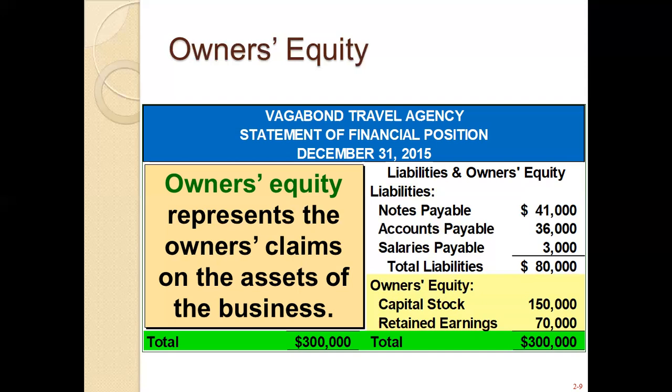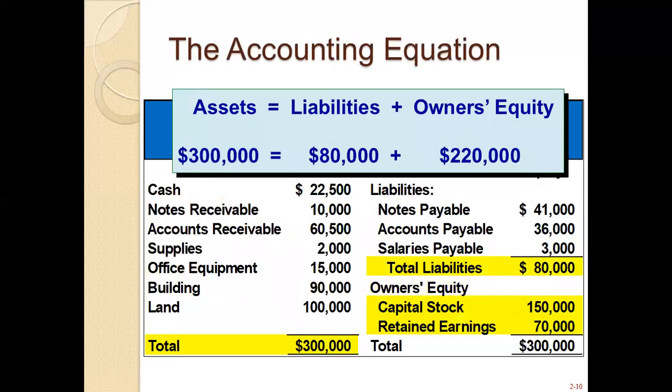All about owner's equity: we are discussing asset, liability plus owner's equity. Okay, the next slide shows the accounting equation, as I told you: asset is equal to liability plus owner's equity. Again, 300,000 is the asset, and liability is 80,000. Look at the yellow highlighted area, you can view it easily.